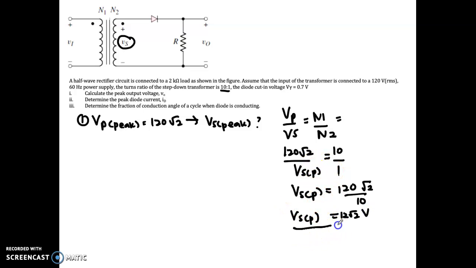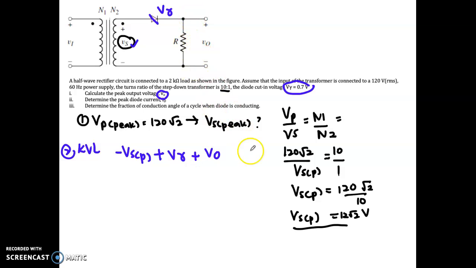Okay, after you got this V secondary peak, what you need to do next is to find V out. You already have the value 12 square root 2, so apply the KVL equation. You get minus Vs, always the peak value, plus V gamma, given in this question as 0.7. You replace the diode with V gamma, because it is PLM1, V gamma plus V out, the voltage drop across the resistor, equal to 0.